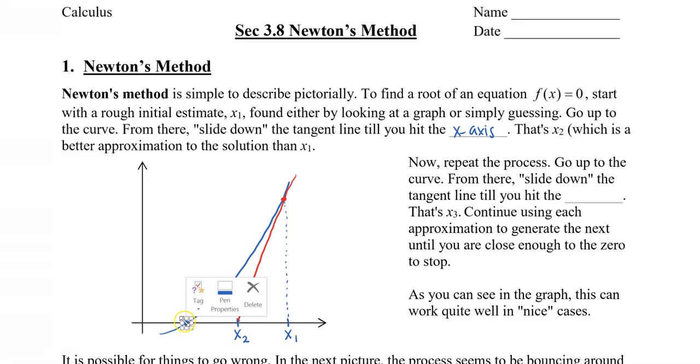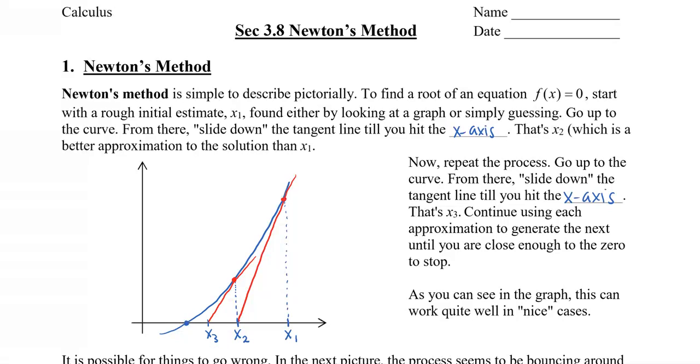I'm going to repeat the process again. So from x2, I'm going to go up to the curve until I hit my curve. At that point, I'm going to slide down the tangent until I hit the x-axis again. And this will be my x3.